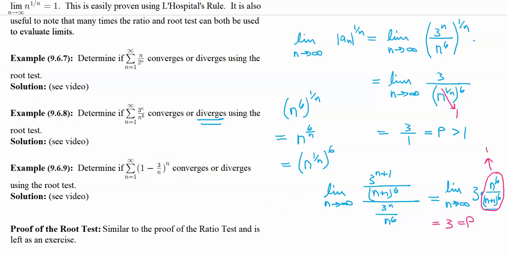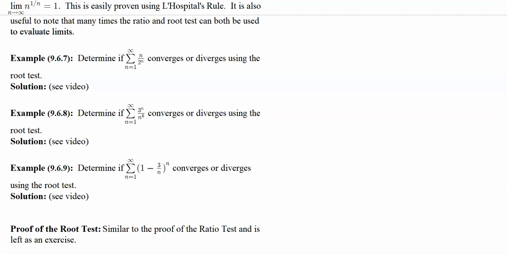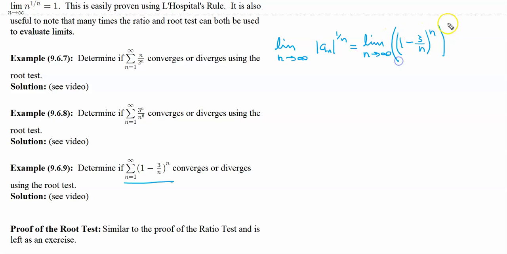Let's take a look at another example. Now in this problem, we want to determine if this series converges or diverges. So once again, we'll apply the root test. So there we go.